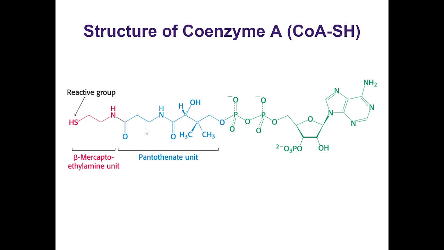Yeah. And right here, this is the pantothenate unit right there. And then this is the beta-mercaptoethylamine unit. And this is where you actually get your thiol group right there. That is going to be where you attach and detach these acetyl groups. Okay? Everybody okay with that?